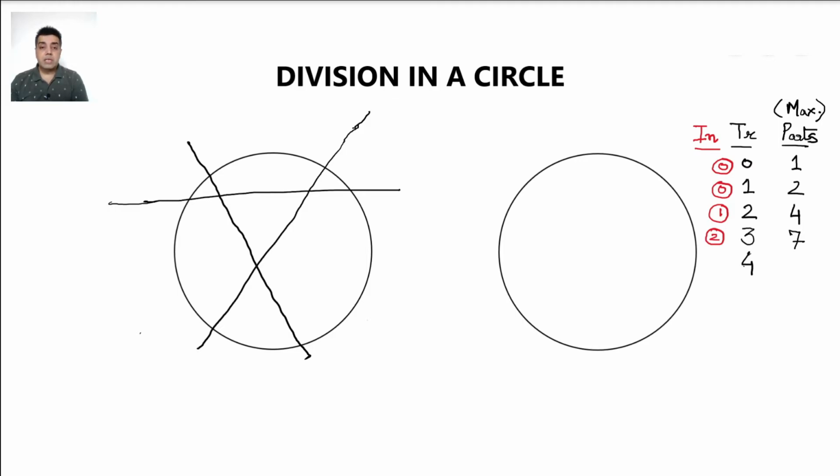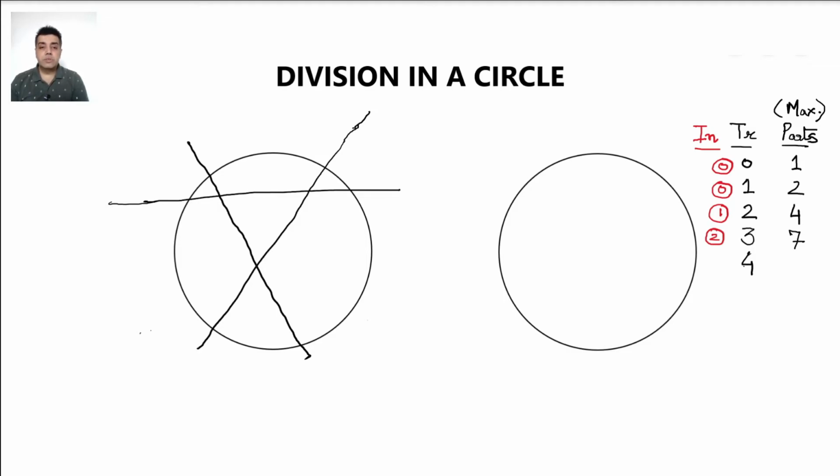Okay. Now, if I take a transversal here, let us say I want to draw it from this side, and I want to draw it in such a manner that it intersects with every other transversal. The only glitch here is that I should make it at an angle so that it intersects with all the other transversals, and the intersection points should lie inside, not outside.